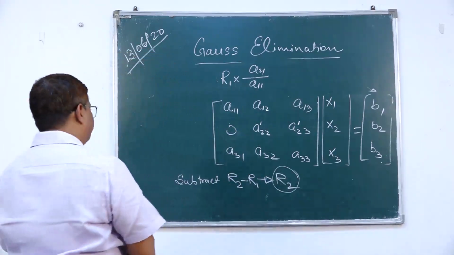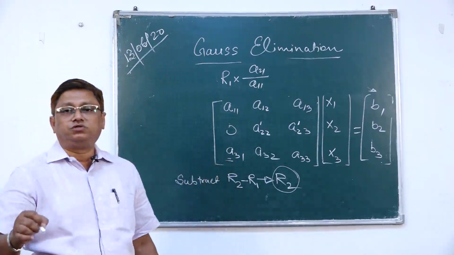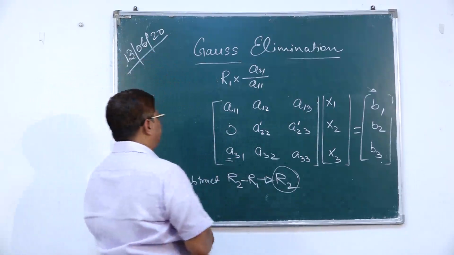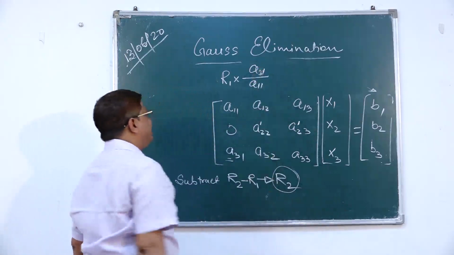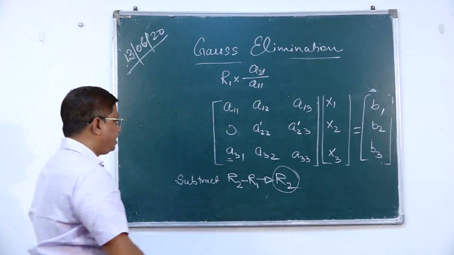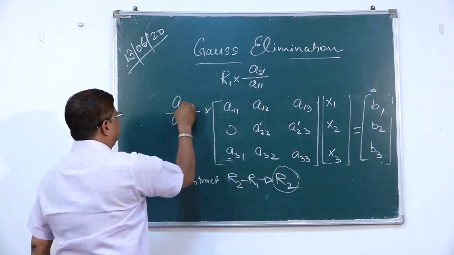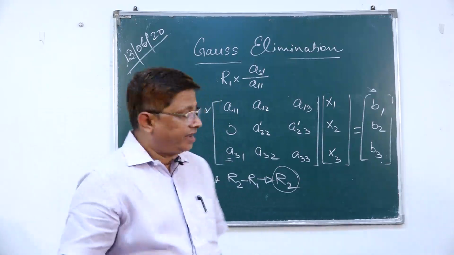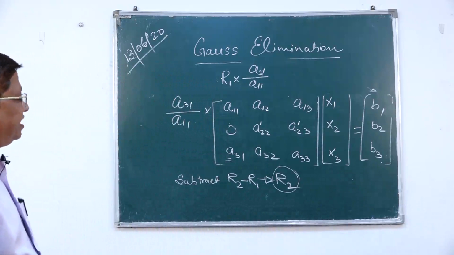Now come to the next part, to eliminate A31. How to eliminate A31? This process will be repeated. Multiply and divide R1 by A31 by A11.